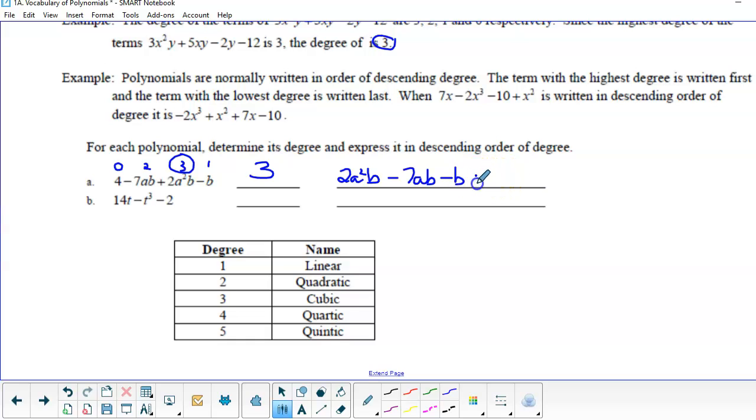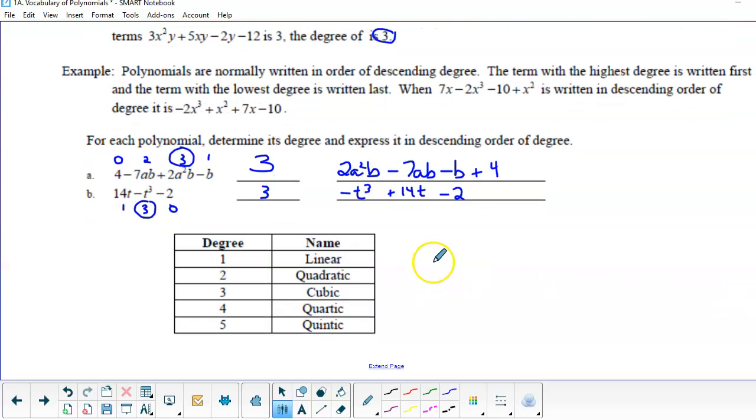And then degree 0 is plus 4. Okay, next one has degree 1, degree 3, and degree 0. So 3 wins again, and it has to go first. So sign in front is negative, so negative t cubed plus 14t minus 2.